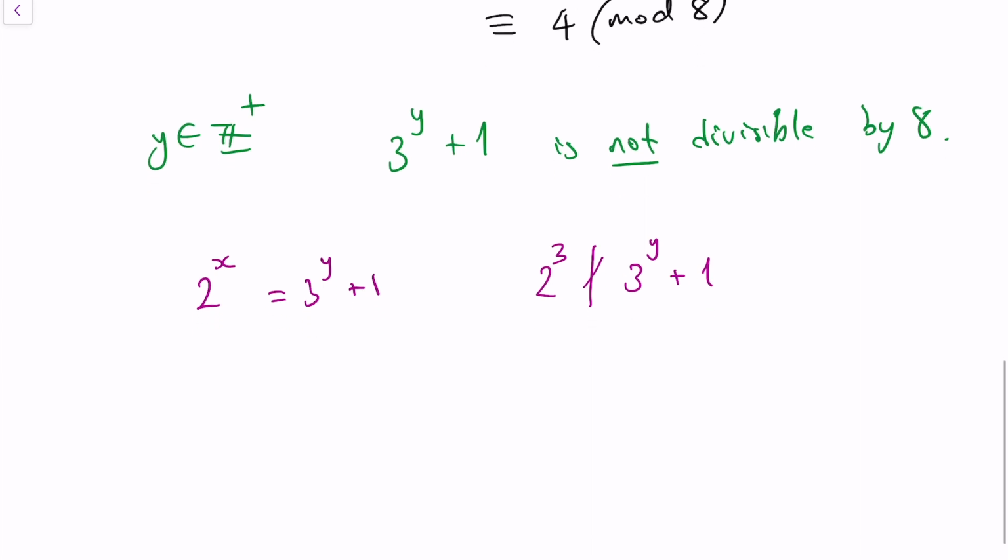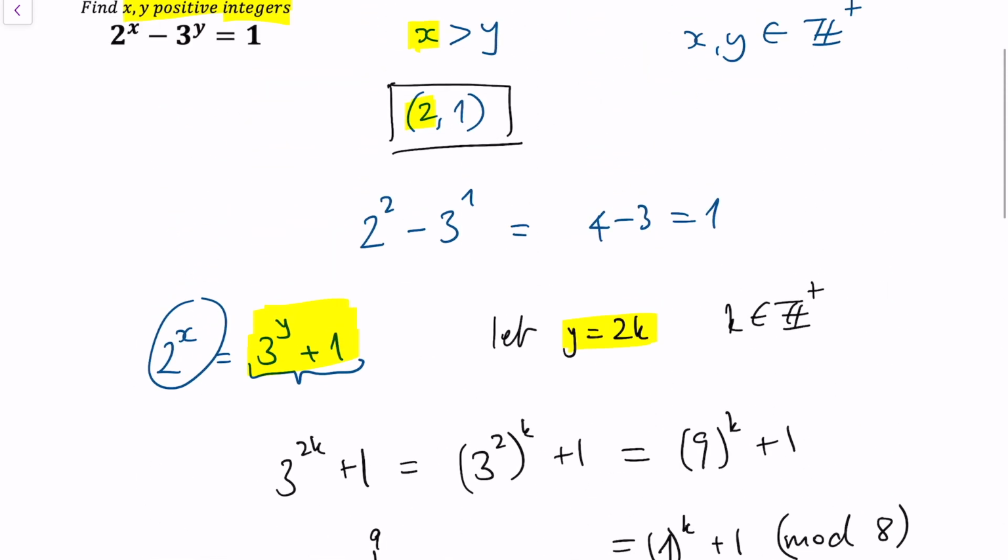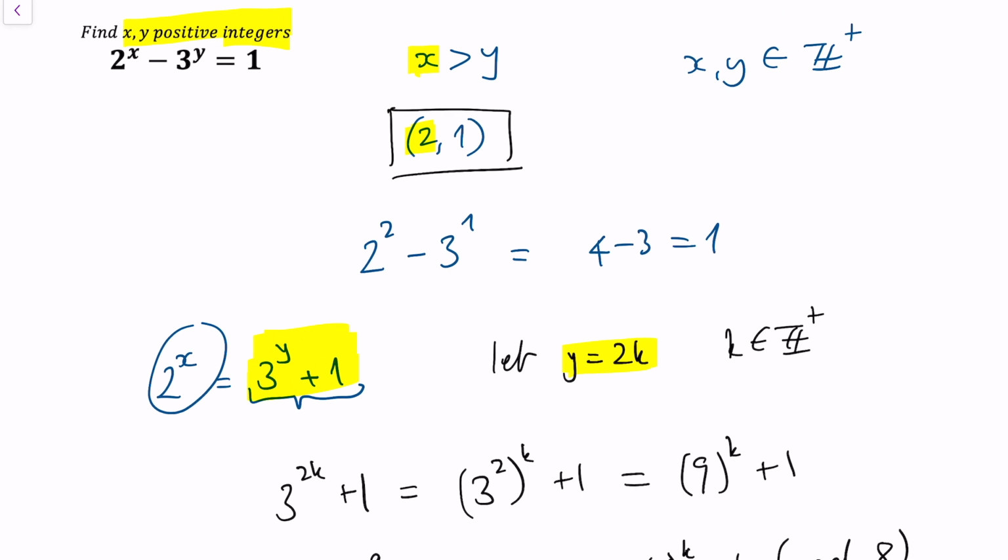So that means it cannot equal 16 or 32, which are 2 to the 4, 2 to the 5, and so on. They are all divisible by 8, right? So checking the case x is equal to 3, where the left-hand side is 8, is sufficient to conclude that the only solution to this given equation is when x is equal to 2 and y is equal to 1.